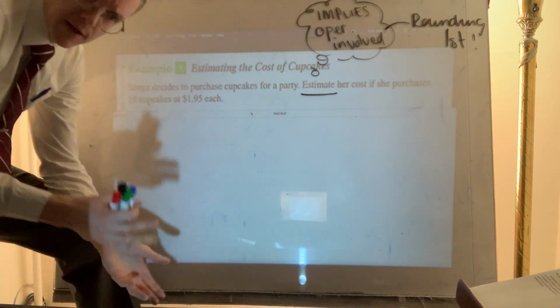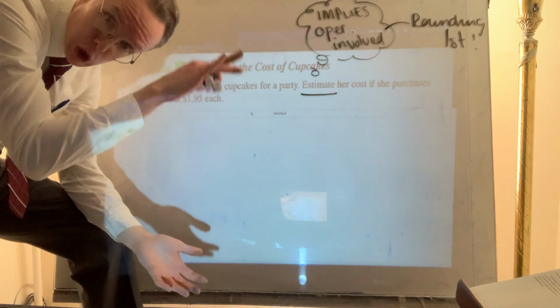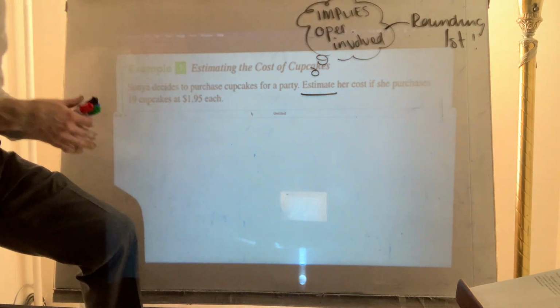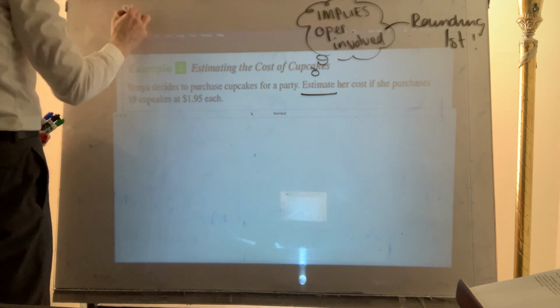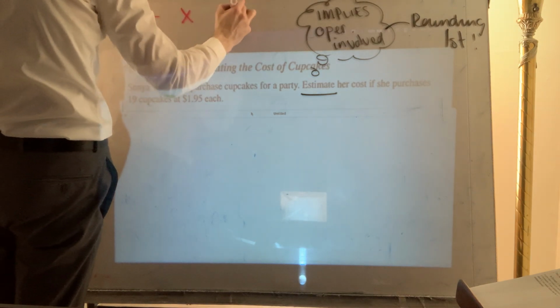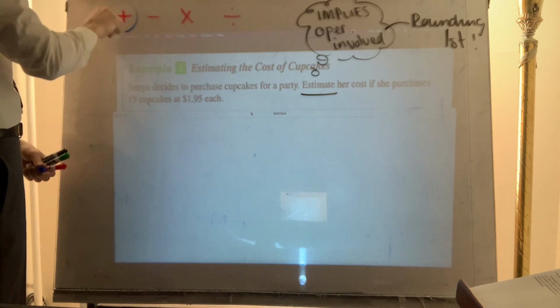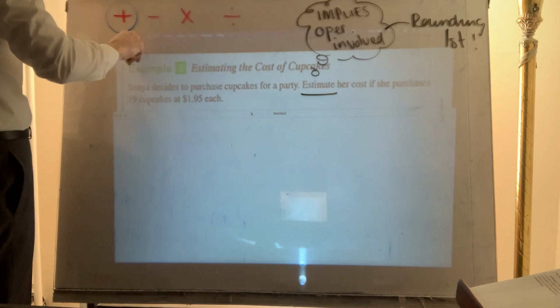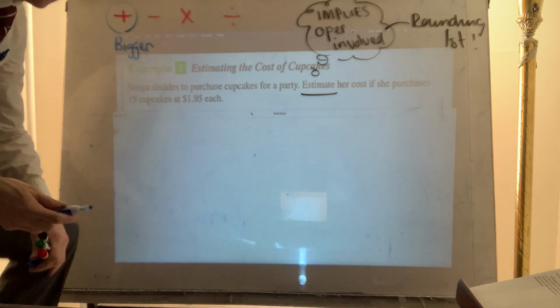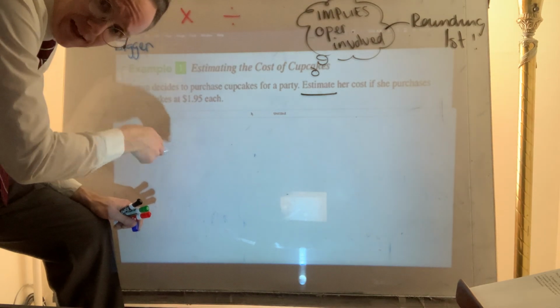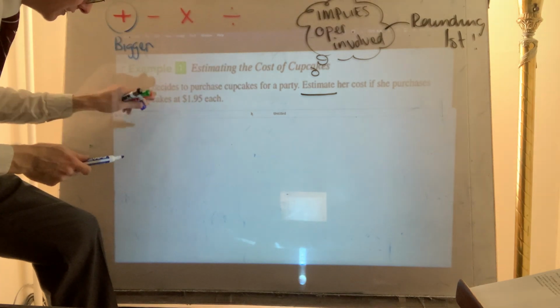Right? Now, estimated cost if she purchases 19 cupcakes at $1.95. In theory, think the bill gets larger the more that you buy. Right? How do we make things larger? If we had a choice between adding, subtracting, multiplying, or dividing, the most basic concept would be this makes things bigger, adding, right? However, are we going to add $1.95, $1.95, $1.95, $1.95 for 19 cupcakes?